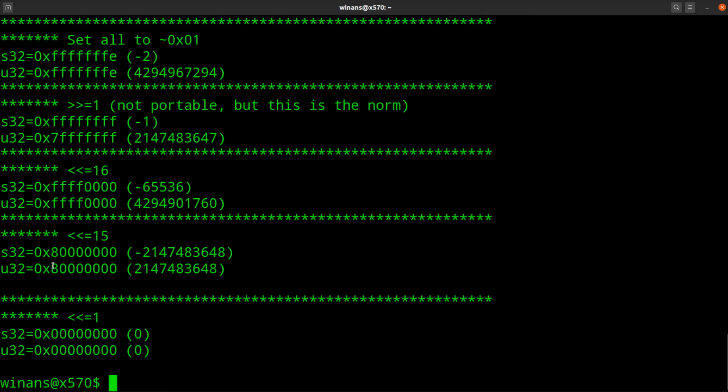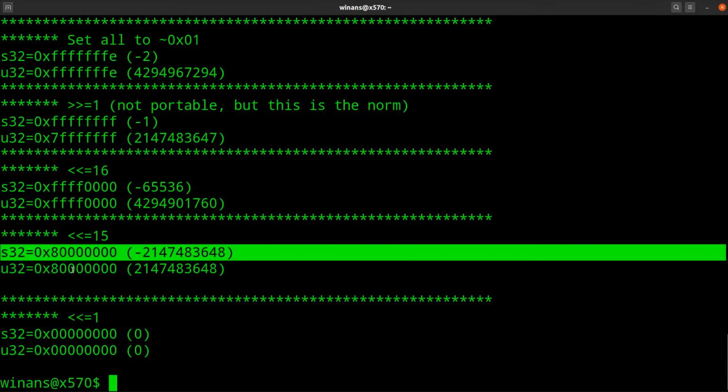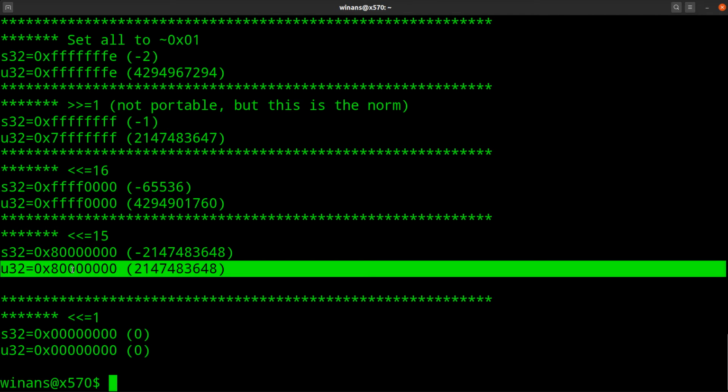In this case, they're both on because the least significant bit in this particular nibble or hex digit, however you want to say it, bit number 16 right here is on. So when you move this thing left another 15, the bit that was in here is now way over on the left. It becomes essentially the signed bit in this case with a signed number, and it is the most significant bit of the unsigned number here.